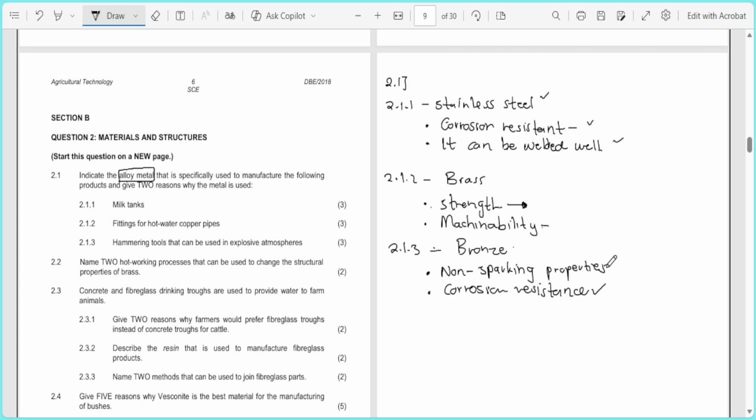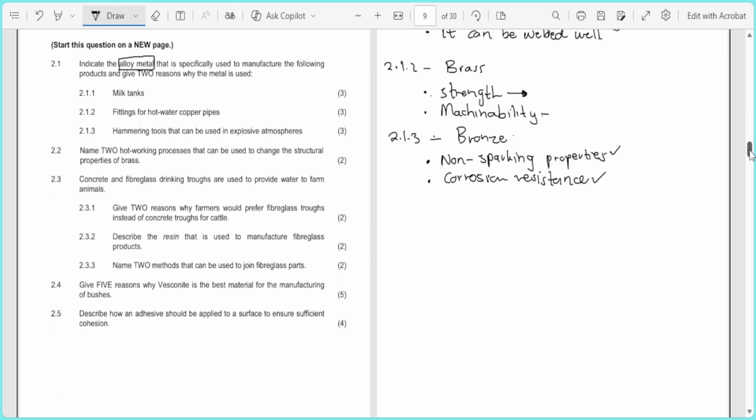So bronze is the best option, because it is non-sparkable. If you had such materials around, a sparking tool would cause explosions and fires. So due to its non-sparking properties, it is a good option. So bronze is our answer for 2.1.3.